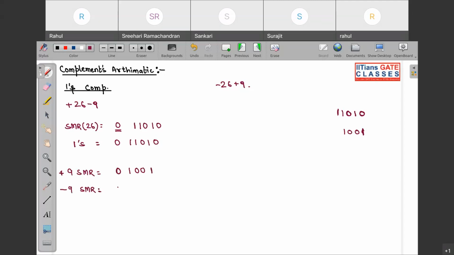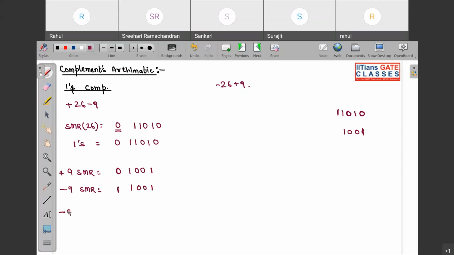You need to change the sign bit and complement all of this one by one, bit by bit. So this will be 0 1 1 0. So this is minus 9 in your, sorry, first I should have written in sign magnitude representation. I am very sorry. So this will be 1 0 0 1 in sign magnitude representation.